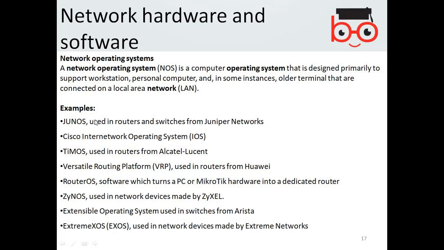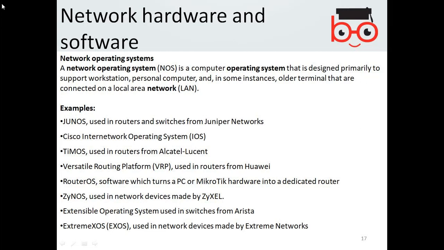Examples of network operating systems are JUNOS, used in routers and switches from Juniper Networks, Cisco IOS, TiMOS, Versatile Routing Platform, RouterOS, ZyNOS, and these are basically the network operating systems. So if you have a router, then your device needs to have an operating system.